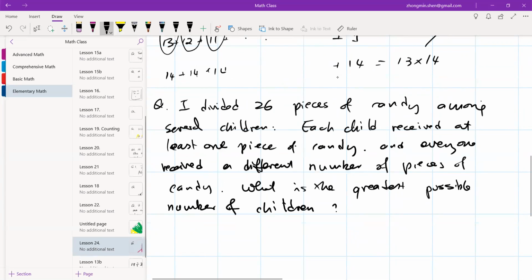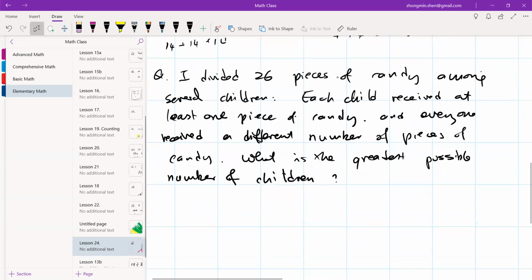You see, the idea is that you want to distribute them to as many as possible. So you have to give them as few candies as possible, right? Then more students receive the candies, right? That's the idea. So you have to begin with one.